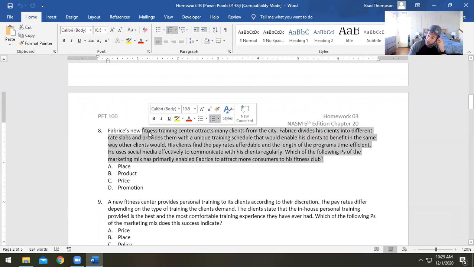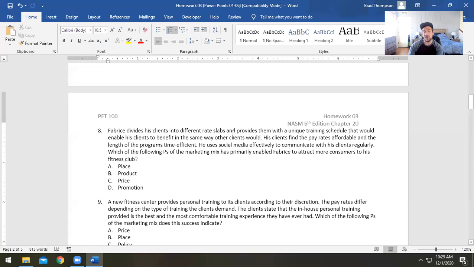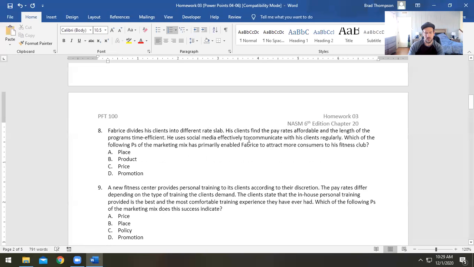Long question. You need to eliminate information that doesn't matter, right? Attracts many clients in the city. That doesn't matter. He divides his clients into rate slabs and provides them with a unique training schedule that will enable him to benefit as his other clients would. So that enabling stuff doesn't matter. We'll delete this and take it down to rate slabs. His clients find the pay rates affordable and the length of time efficient.